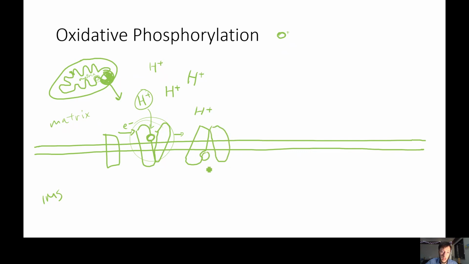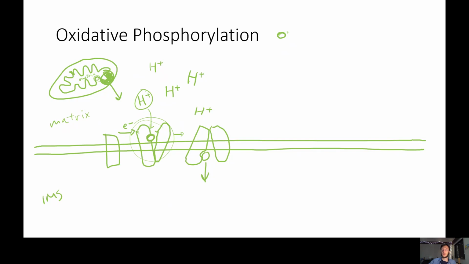What it's done is effectively pumped this hydrogen across the membrane, which is why these cytochrome complexes are also called proton pumps, because they're pumping protons from the mitochondrial matrix into the intermembrane space. They are only able to do this because they are changing shape, and they are only able to change shape because an electron is jumping over and changing the structure. It's changing the charge, and there's this whole complex chain reaction that happens in here that changes the structure.